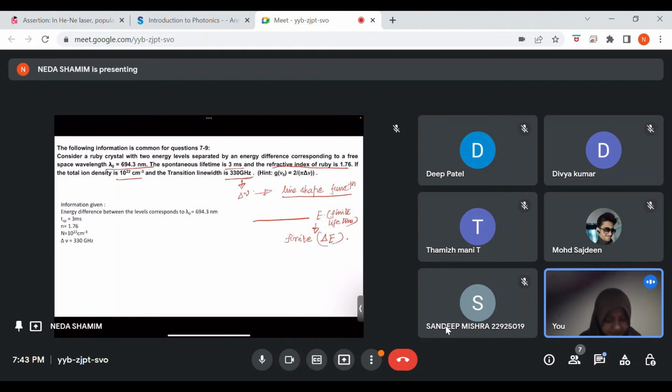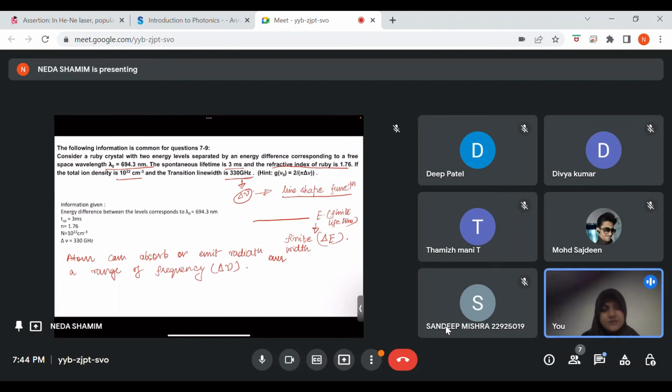This implies that the atom can absorb or emit radiation over a range of frequencies, because of the finite width of this energy state E. That range of frequency is known as delta nu.